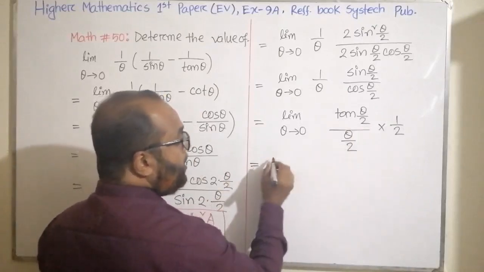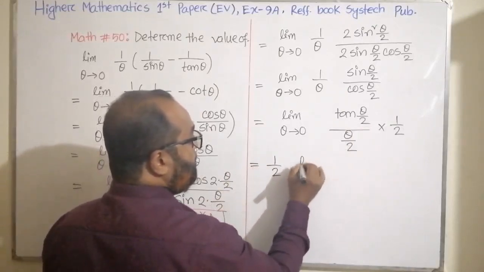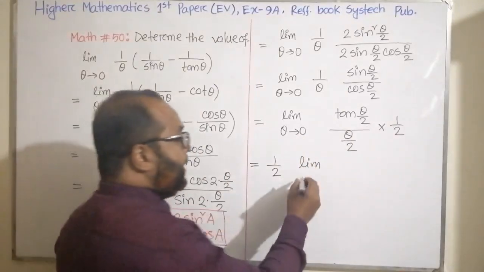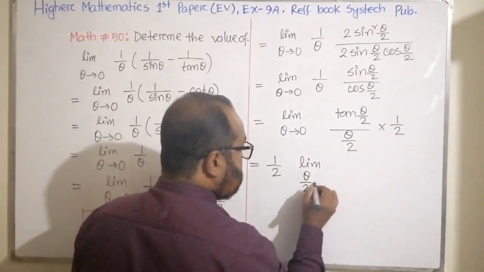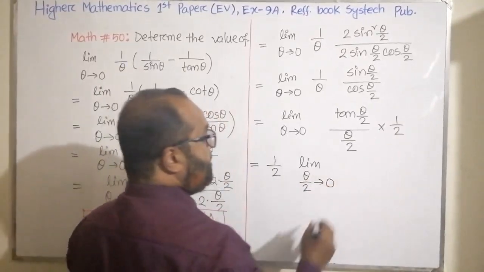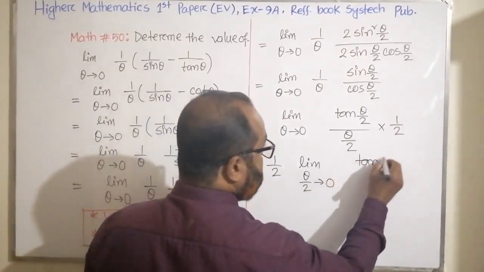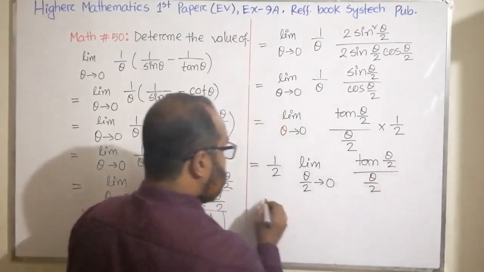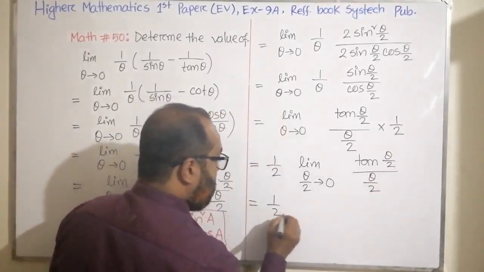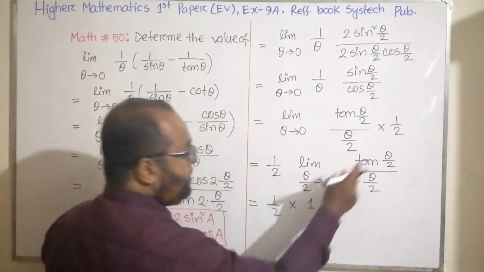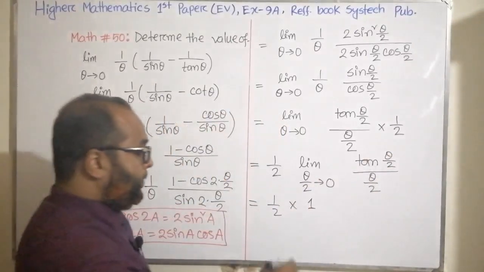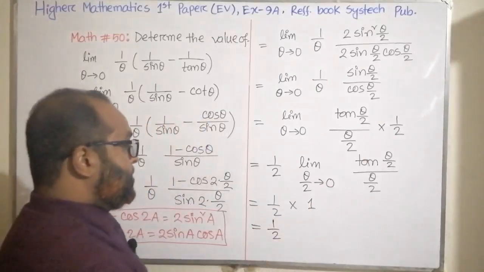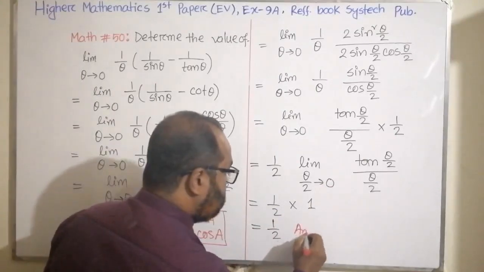This equals 1 by 2 limit, when theta tends to 0 then theta by 2 also tends to 0, and tan theta by 2 divided by theta by 2 equals half into 1. This is the formula. This equals 1 by 2. This is the answer of this question.